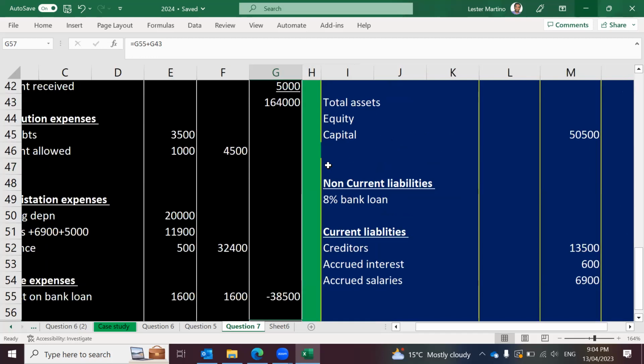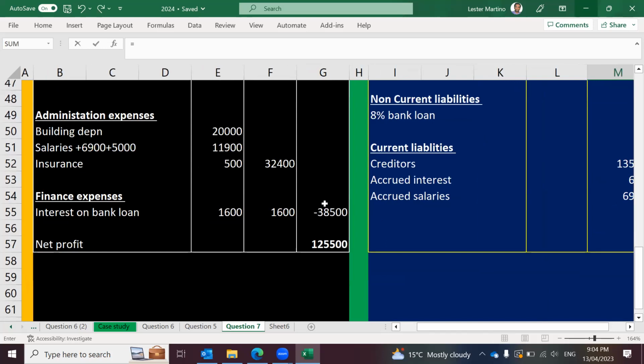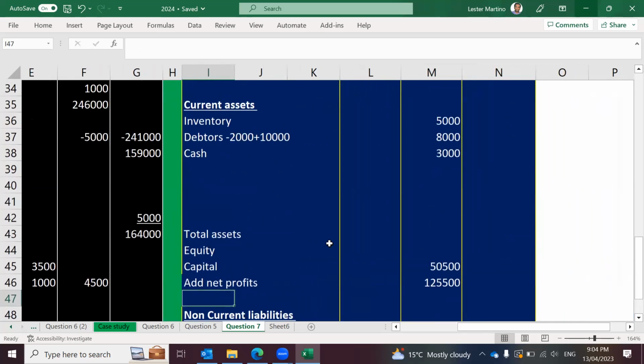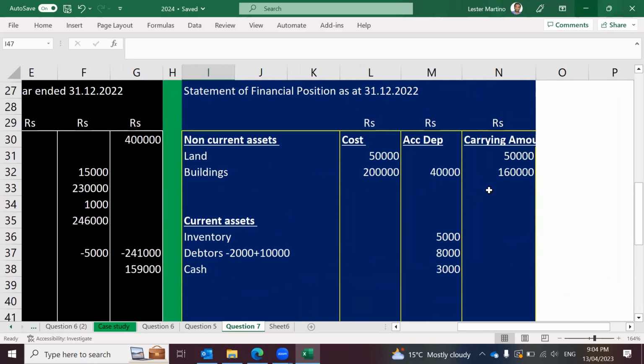And can you take that one to equity section? Write it down, add net profits. Now we'll take the total of non-current assets section.